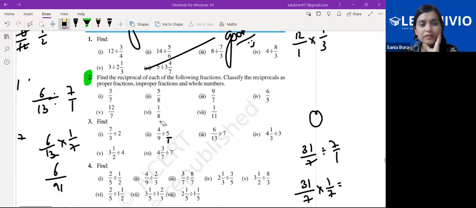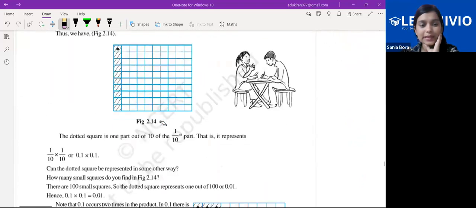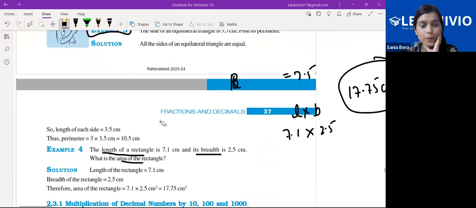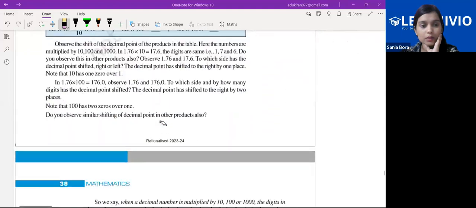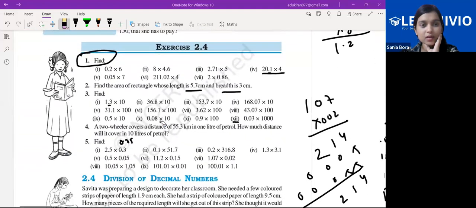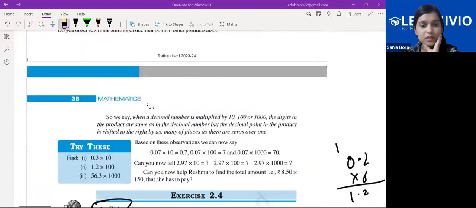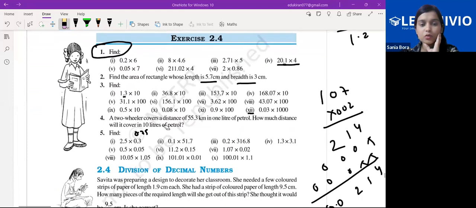Okay, students, I think we finished this one. We were doing multiplication. I think we did this entire thing. Tell me, what was the last question?